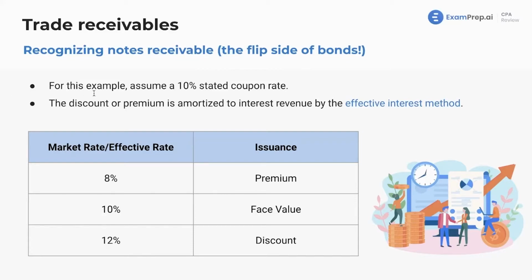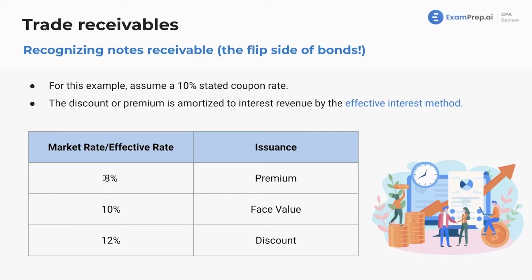But in this case, we're going to assume a 10% stated coupon rate. That is the actual percentage on the bond, meaning you are actually paying out 10%. It's a stated rate. Discounts and premiums: as an investor, I could go online and look up the market rate for a corporate bond.